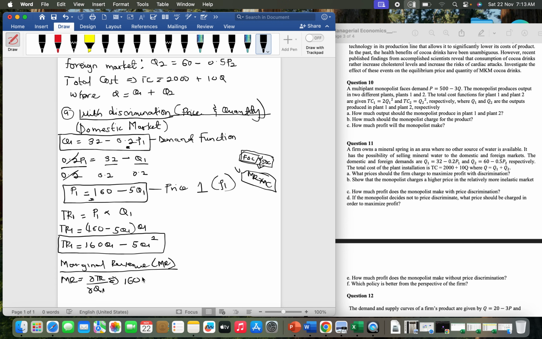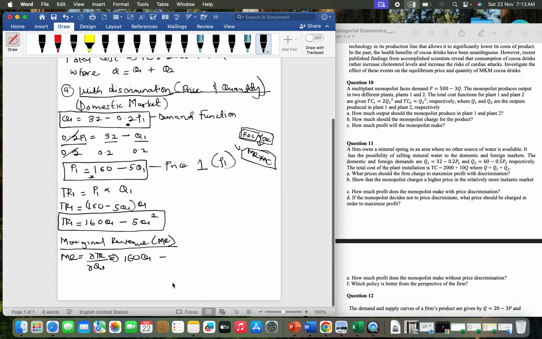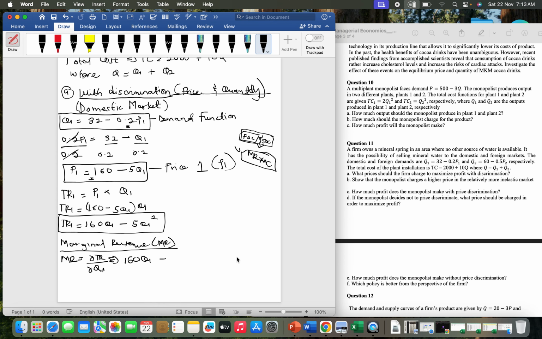So total revenue 1 is 160Q1 minus 5Q1 squared.